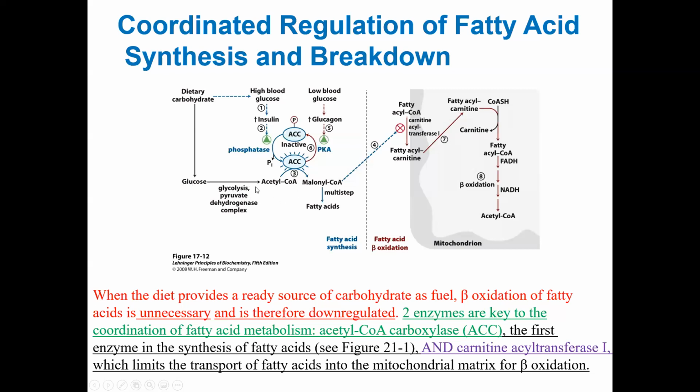You will produce acetyl coenzyme A, and acetyl coenzyme A will then get converted to malonyl coenzyme A, and you will synthesize fatty acid and store fatty acids in those adipose tissues, etc., in liver. But to make that conversion, step 3, you must have acetyl-CoA carboxylase activated.